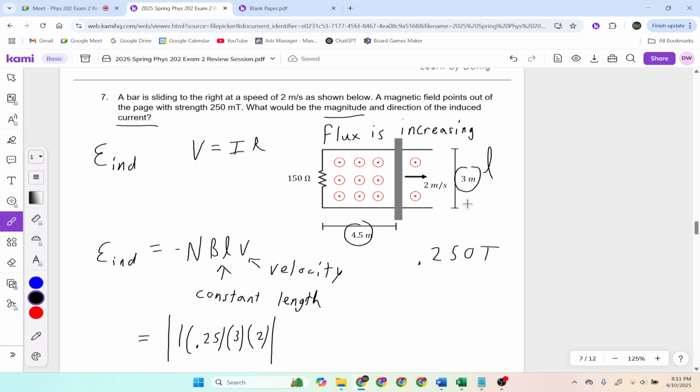Okay, then how am I going to counter that flux? The answer is you create a magnetic field going into the page. This is going to counter it. Technically, I only need to draw one of these little symbols, but I'm going to draw a bunch just to show the idea. So created B field is pointing into the page.